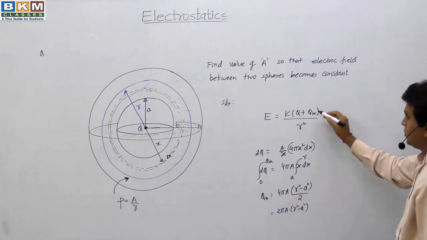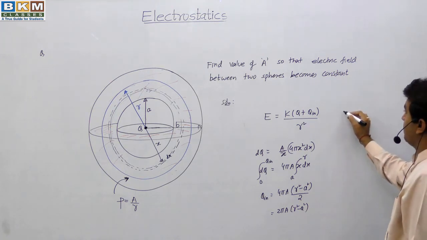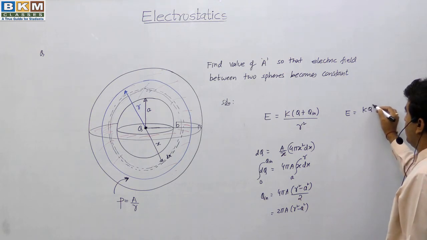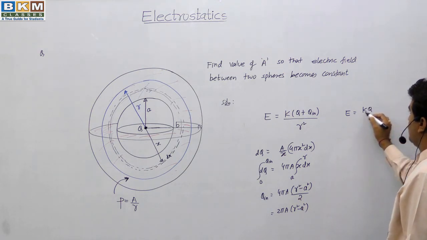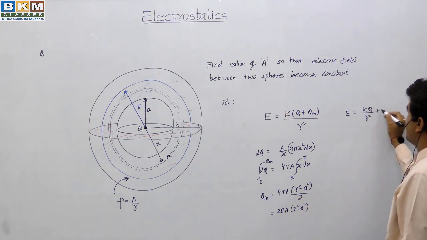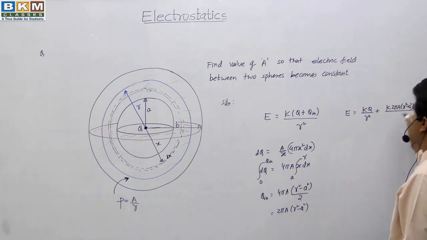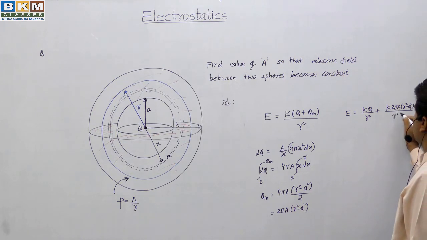Now I can substitute the value of Q_in in this formula. We have the electric field as kQ by r square plus k Q_in by r square, where Q_in is 2 pi A (r square minus a square).